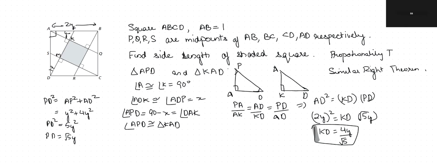considering triangle AKD and S, M, D, we see that these are parallel lines.